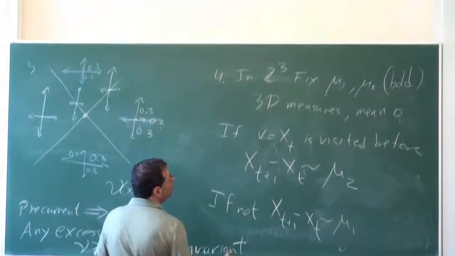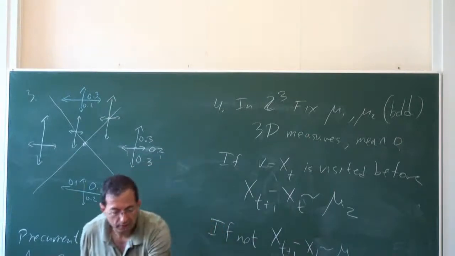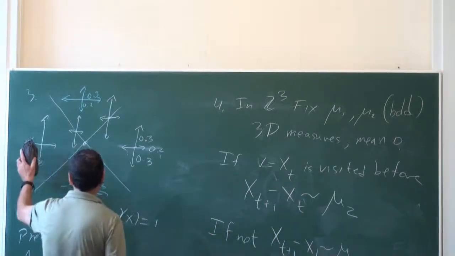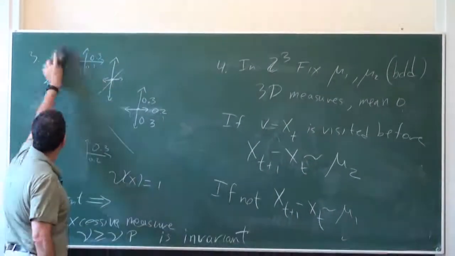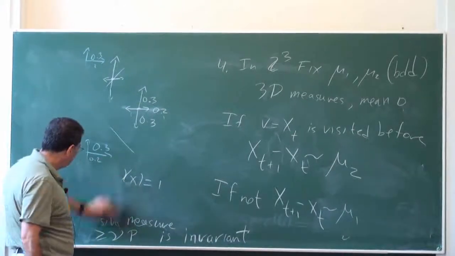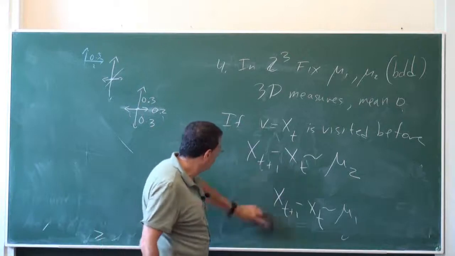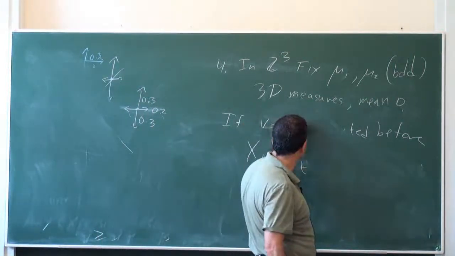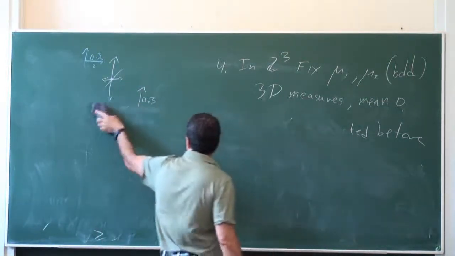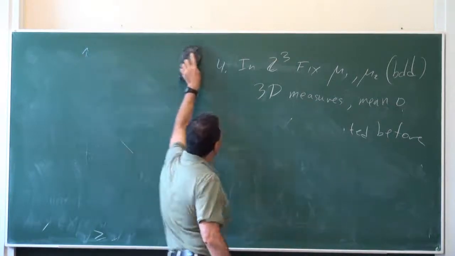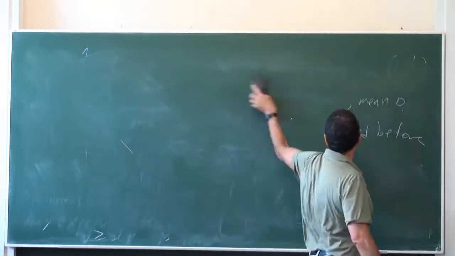I want to end today by proving this to you. To prove this, we want to start by saying what proofs we know that, say, simple random walk in Z3 is transient, and then see which of these proofs might generalize.